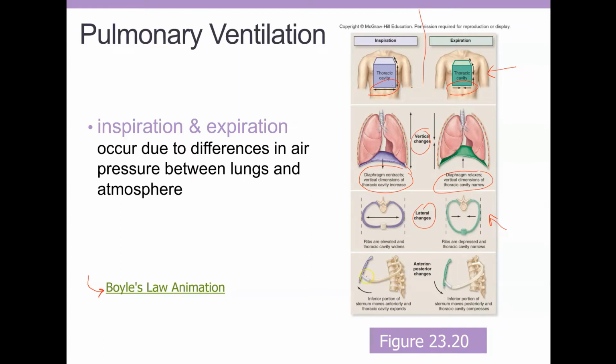And then you also have your sternum moving out or moving in to, again, contribute to the size differences of the volume of the thoracic cavity. So this is volume on this picture, and that's part of Boyle's Law.